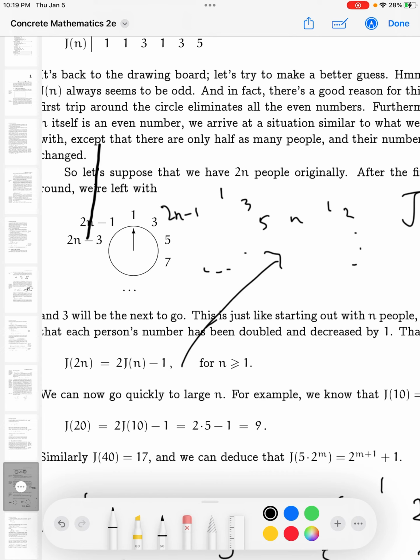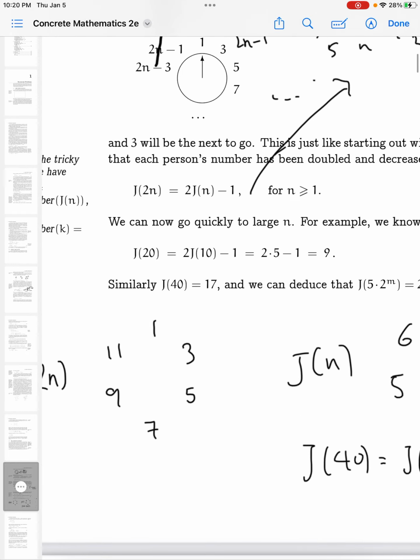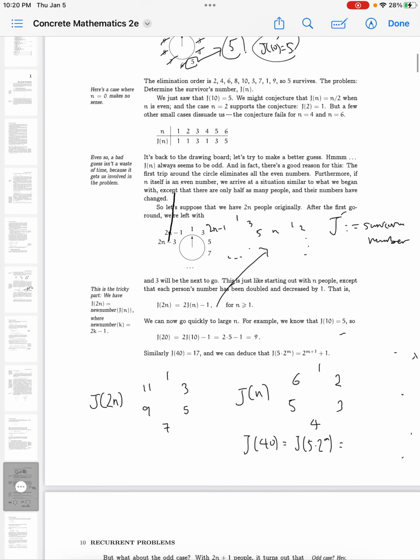That is equivalent to having n people, just that the number label each person has is going to be 2 times their position minus 1.